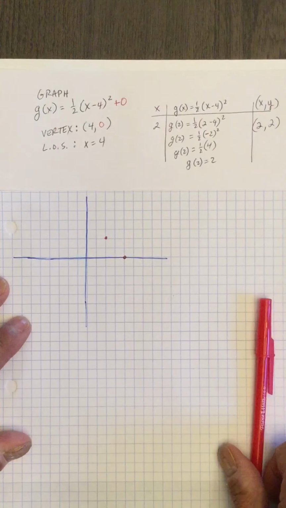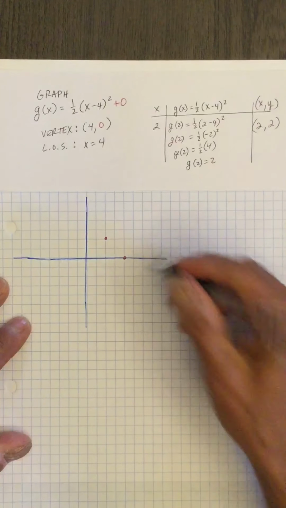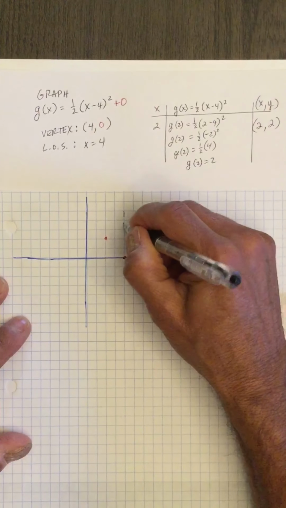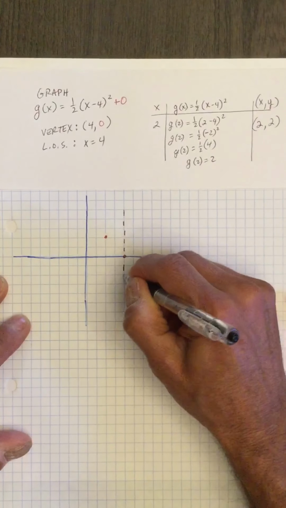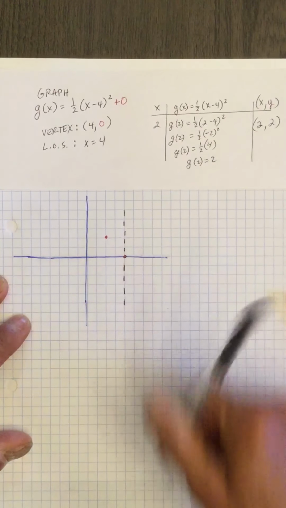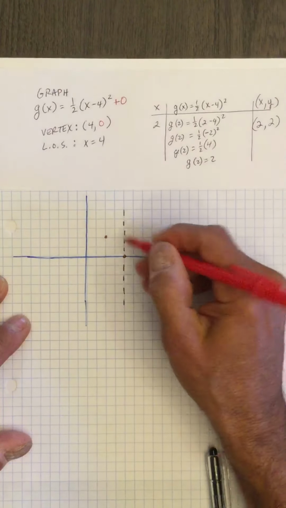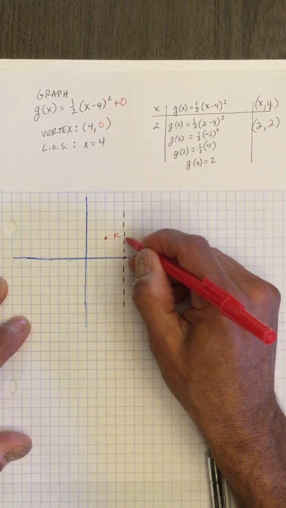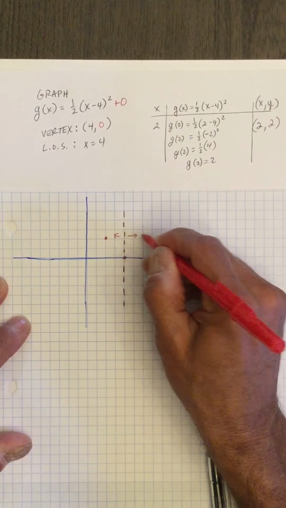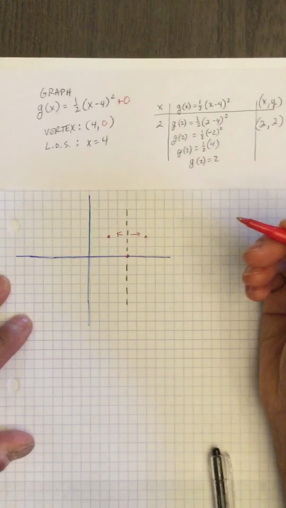And remember that you have a line of symmetry. My line of symmetry is right here, right? And remember, a line of symmetry cuts the parabola in half. So if this is 2 to the left, I have another point 2 to the right. All right?